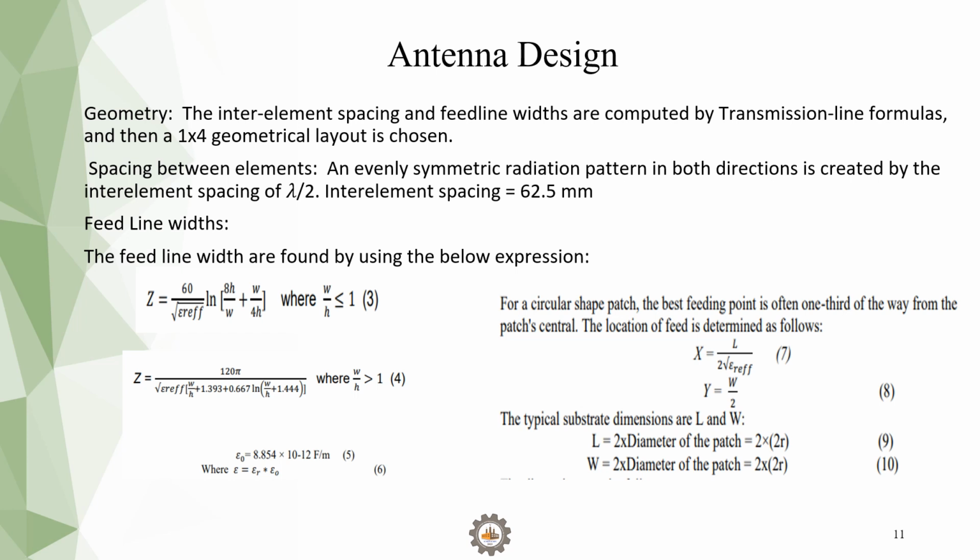Here there will be two cases. If the ratio of width to height is less than or equal to 1, we adopt equation 3, and else we use equation 4. By substituting these values, we can compute the length and width of the feed lines.